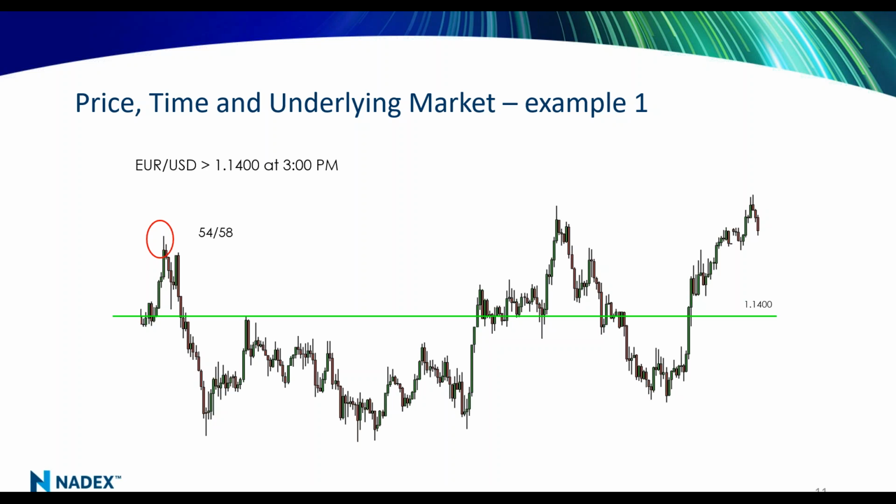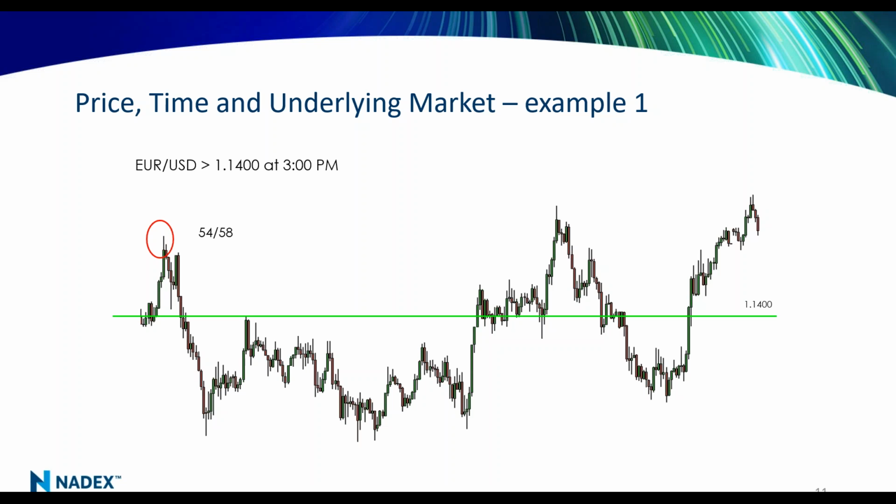So the market is currently pricing it at 54.58, a 56% probability of being true. The reason it's a 56% probability is because it's above 1.14 already, so it's a higher than 50% chance.